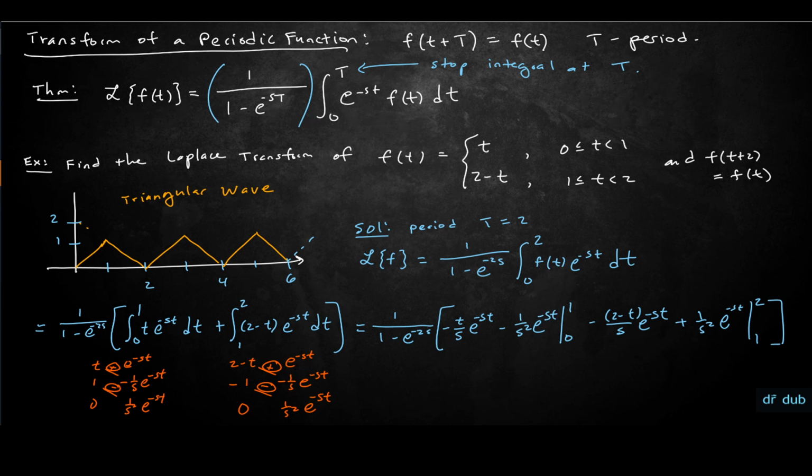All right, that's integration by parts for each of those integrals, and just plugging in the bounds and simplifying, I'll skip those steps. So after simplification, we'll get 1 over 1 minus e to the negative 2s times 1 plus e to the negative 2s minus 2 e to the negative s over s squared.